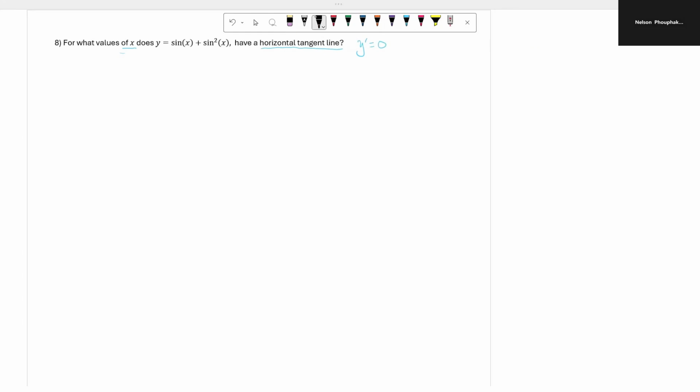First, I would like to find y prime. The derivative of sin x is cos x, plus, remember sin x squared is sin squared x, so the derivative is 2 times sin x times the derivative of sin x, which is 2 sin x cos x.